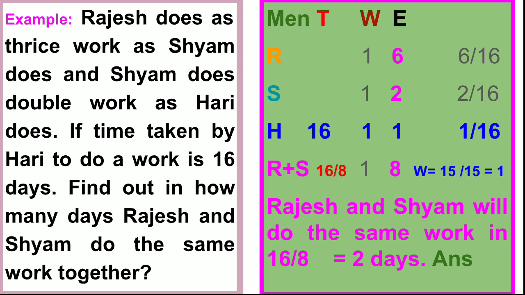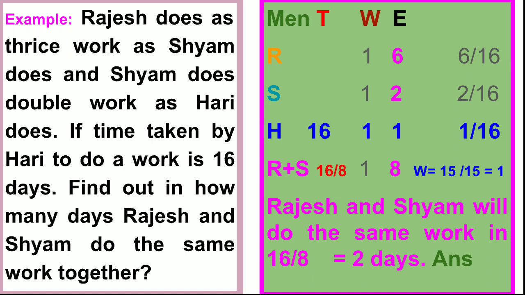Time taken by Hari is 16 days, so his efficiency is 1 by 16. As stated in the question, efficiency of Shyam is double of Hari, means 2 by 16 is the efficiency of Shyam, and Rajesh's efficiency is 3 times of Shyam, so 2 threes are 6, means 6 by 16 is the efficiency of Rajesh.